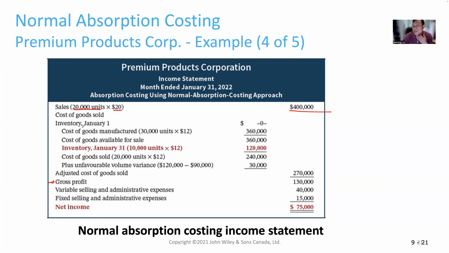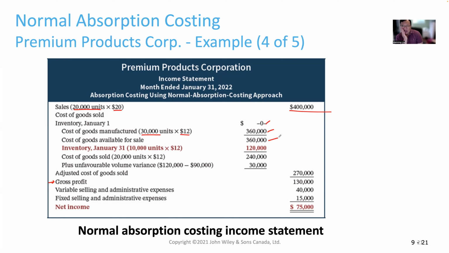This is the first month of production, so the beginning inventory is 0. Cost of goods manufactured. We know they produced 30,000 units, and each unit is $12, the 9 plus 3. So that is my cost of goods manufactured, 360,000. And because beginning inventory is 0, that's also my cost of goods available for sale, 360,000.